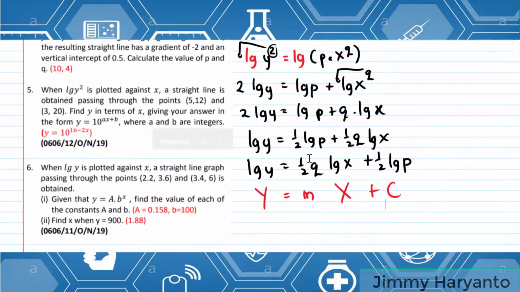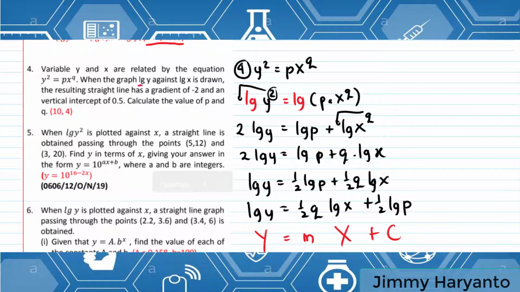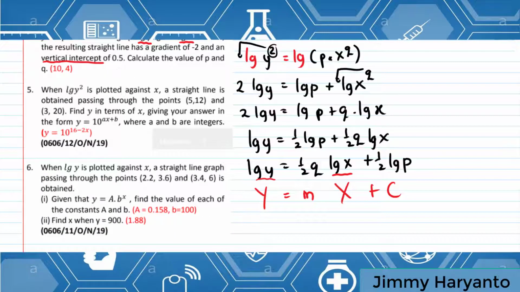So we have to plot LGY against LGX. It's already correct, yeah. The resulting straight line has a gradient of -2 and vertical intercept of 0.5. Vertical intercept means y-intercept. So y-intercept is 0.5. I can tell that the c is 0.5. C equals half LGP. So 0.5 equals half LGP.